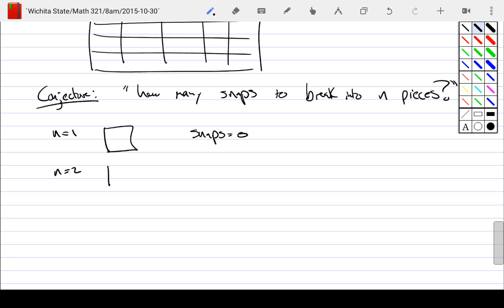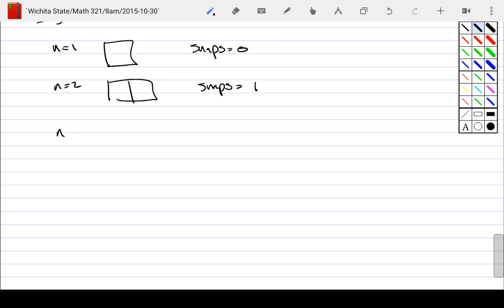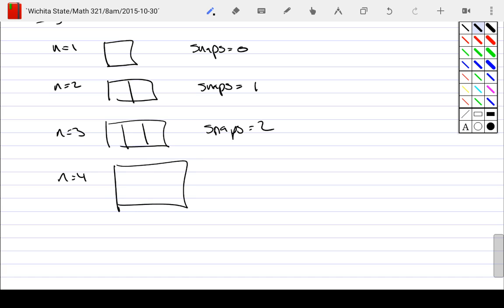n equal to 2 pieces. How many snaps? 1. n equal to 3. How many snaps? Say n equal to 4. I'm going to do it like this.